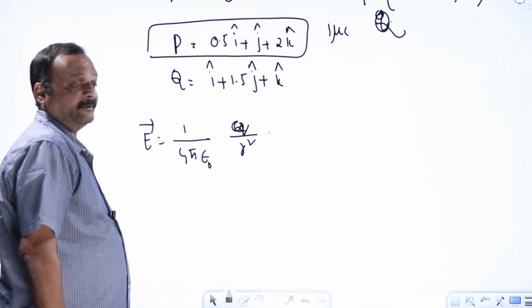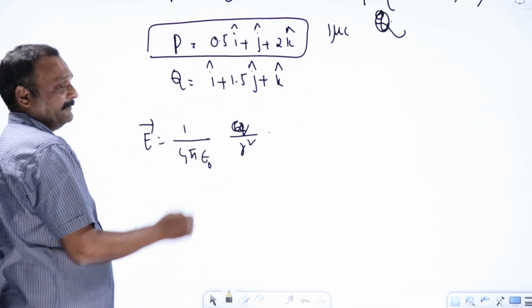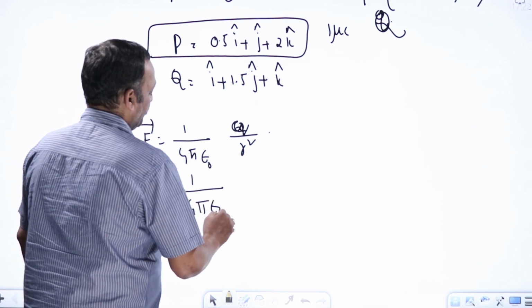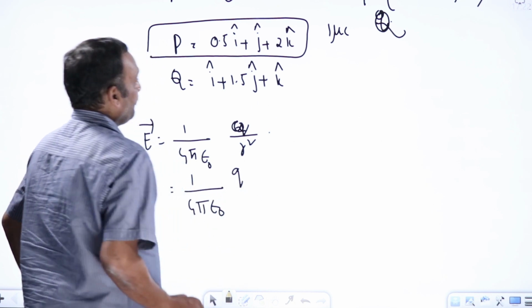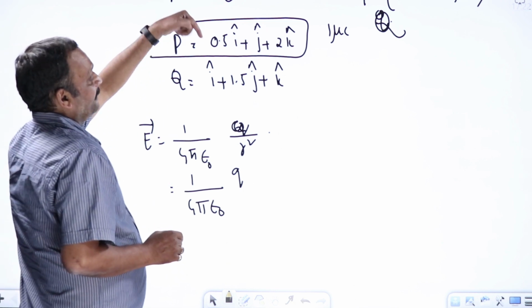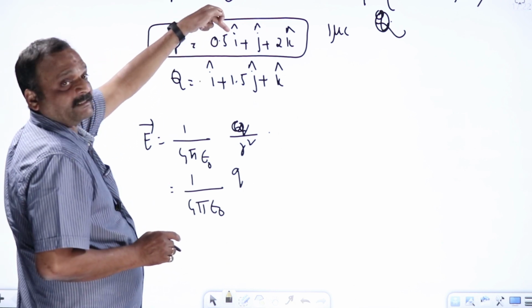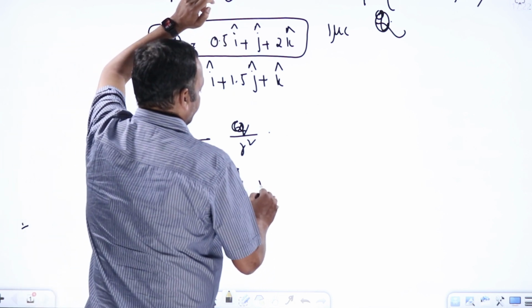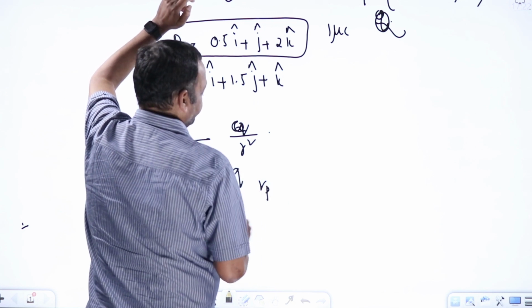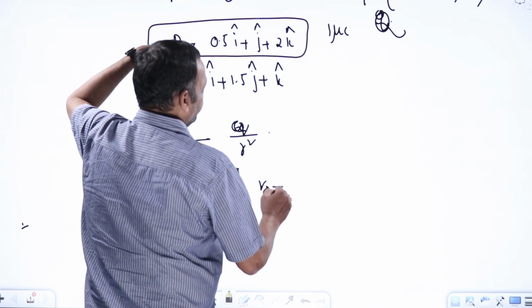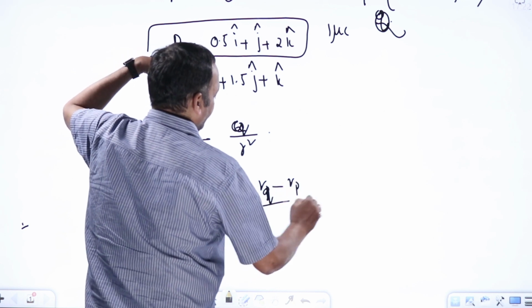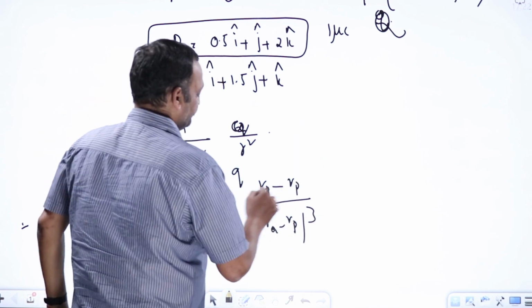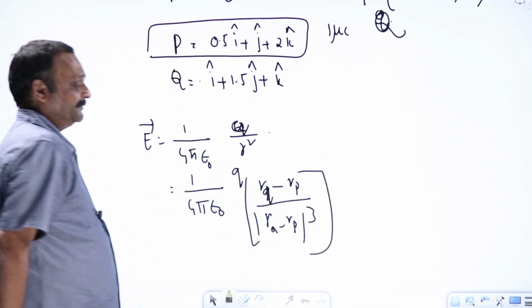If the position vectors are given, we will write it like this: 1 by 4 pi epsilon naught, the magnitude of Q, times RQ minus RP by RQ minus RP magnitude whole cube. This is how we are going to find the electric field at point Q due to the charge at point P.